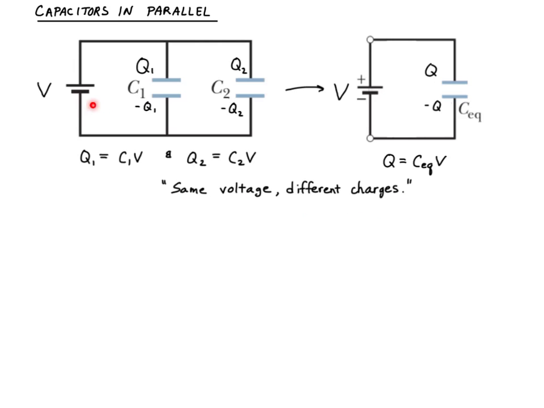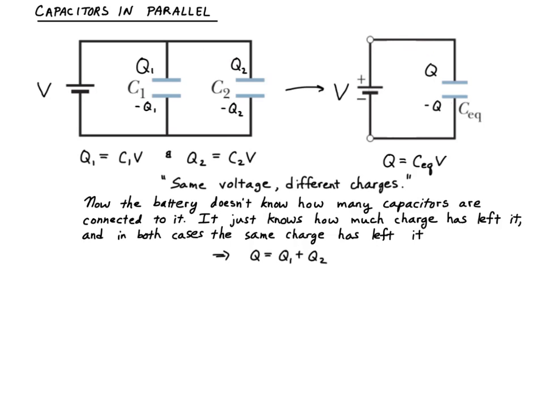Now, from the point of view of the battery, it doesn't know how many capacitors are connected to it. It just knows that a certain number of charges flowed out, namely Q1 plus Q2, and a certain number of charges flowed out here. And if it's truly equivalent, those charges must be the same. So explicitly, Q must equal Q1 plus Q2.